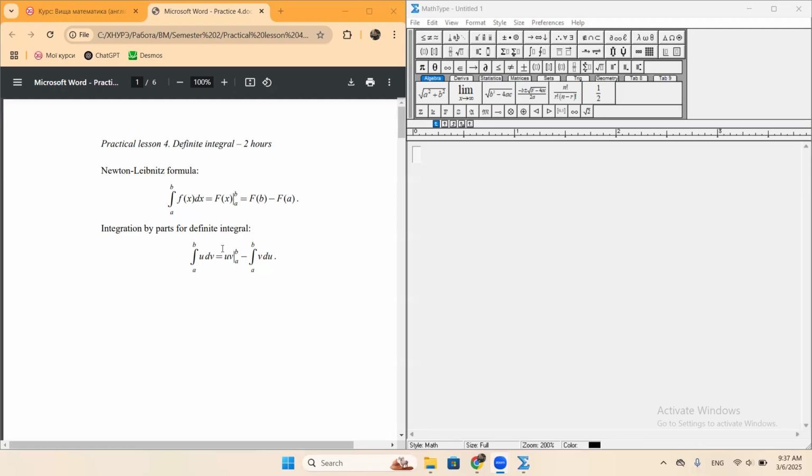Here is the formula for integration by parts. It is similar to the indefinite integral, but here we already use substitutions as well.